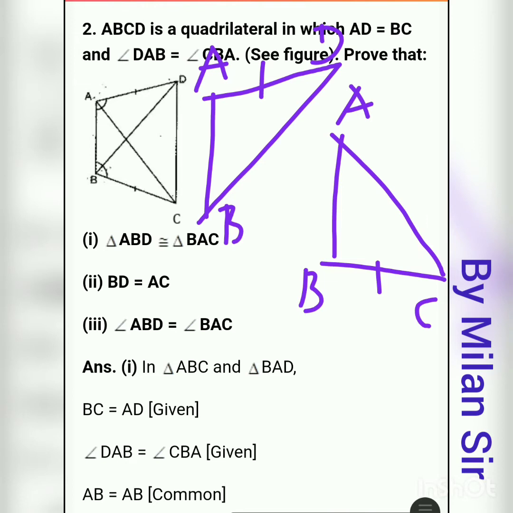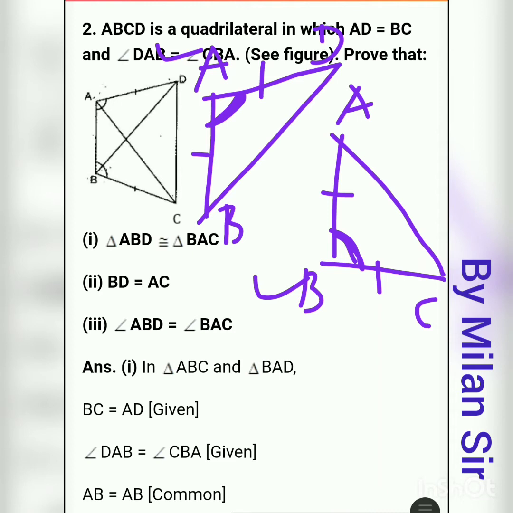And second thing, angle DAB, that means in the first triangle this angle DAB is equal to angle CBA, this angle in the second triangle. Both are equal. And third thing, side AB is common, because the AB side is in both triangles.